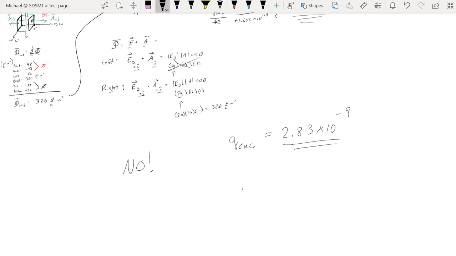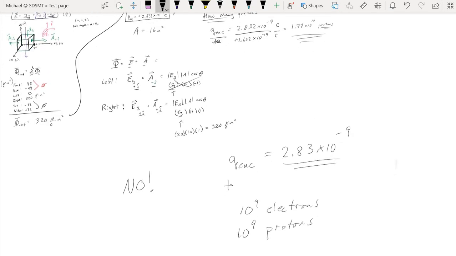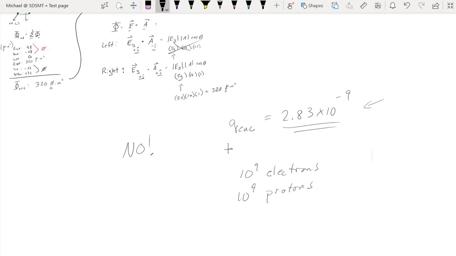We could very well have an extra 10 billion electrons in there, along with an extra 10 billion protons, along with the 17 billion protons that is making up this count.